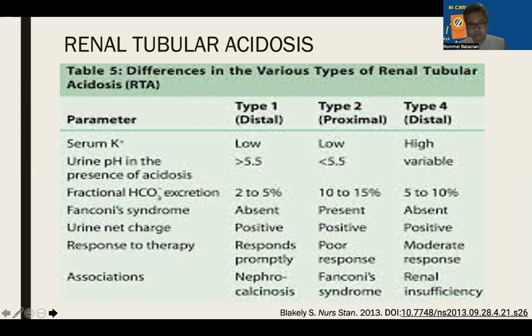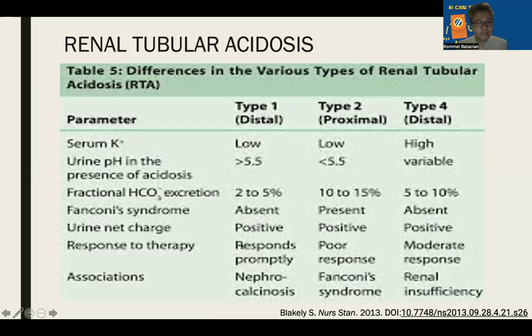So therefore, the serum potassium is low. And because it fails to acidify, the urine pH is more alkaline. The fractional excretion is also small. Fanconi syndrome, meaning the excretion of excessive amounts of electrolytes and other substances in the urine, is not present, it's not associated.